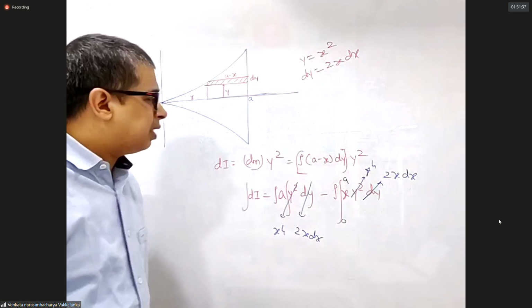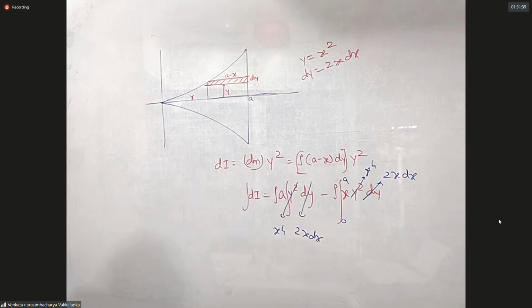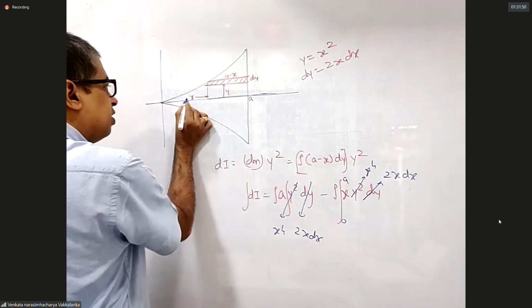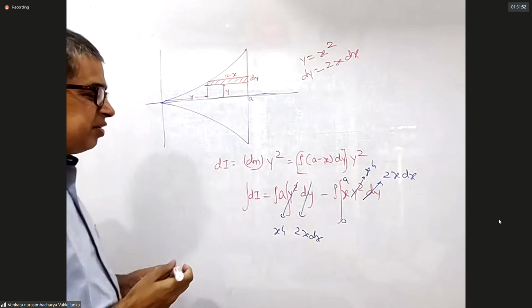I did not understand why. Minus a square to plus a square, because y is equal to x square, so minus x square is there. Oh yeah. So converting it in terms of x is the safest bet, right?